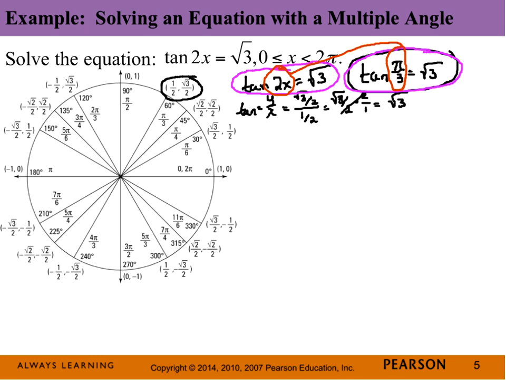So that's what I'm going to set up. 2x equals pi over 3. Multiply both sides by 1/2 to isolate the variable. These 2's cancel out. And I get x is pi over 6.